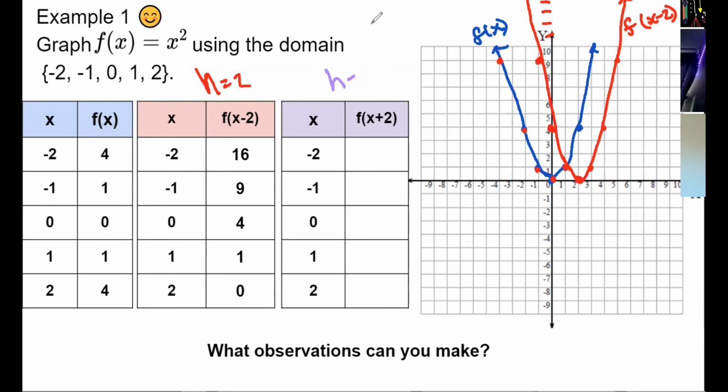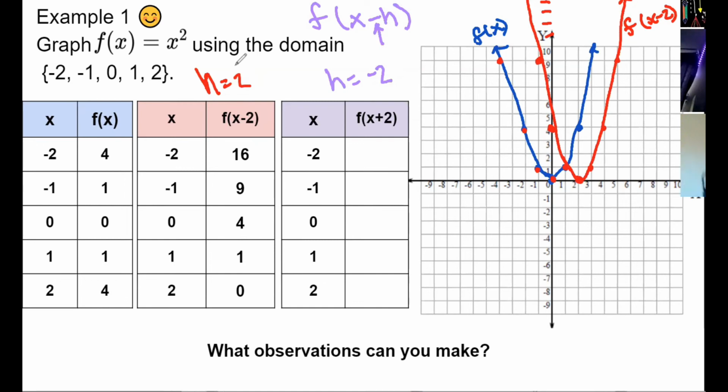Well, if you remember our parameter function, x minus h, notice that our h is negative. So whatever comes out of it is going to be its opposite value. So if it's positive, then its h is negative. If it's negative, then its h is positive. Okay?